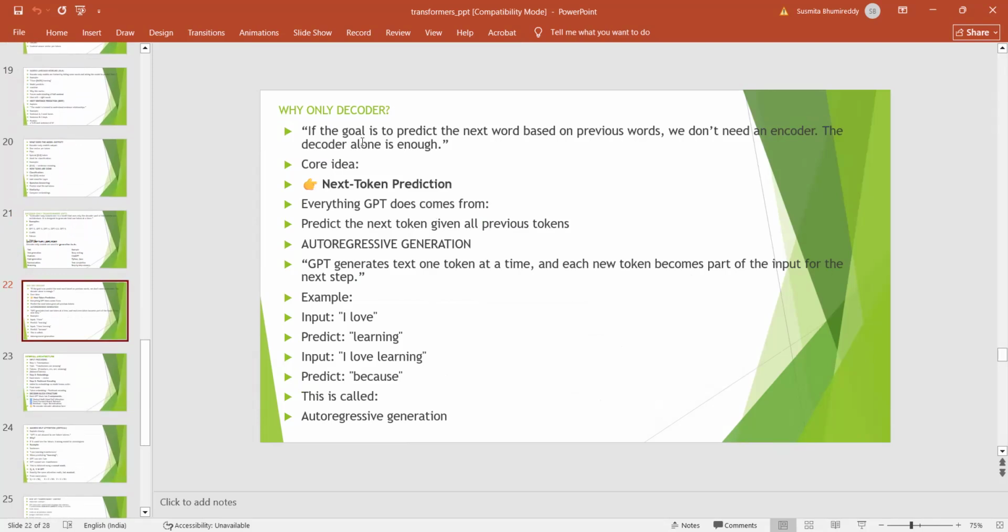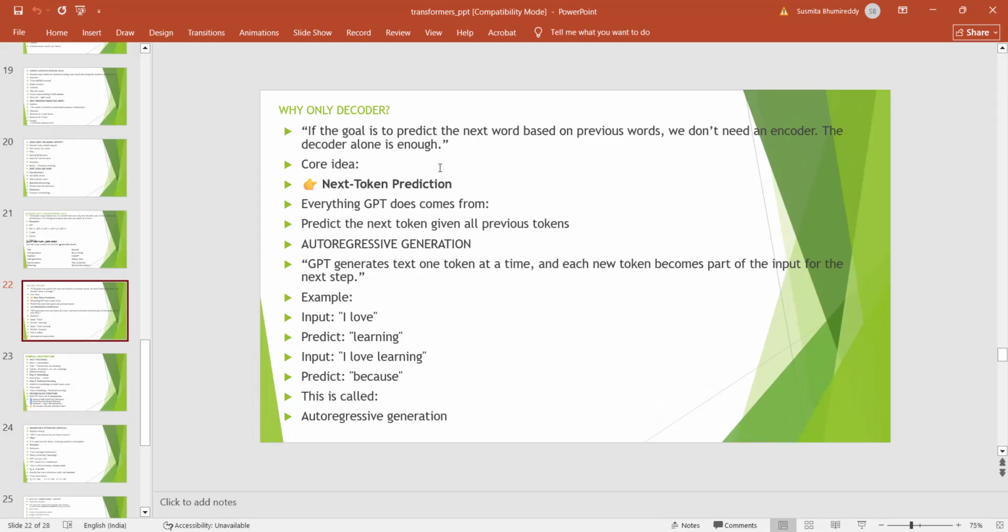If the goal is to predict the next word based on the previous words, we don't need an encoder. The decoder alone is enough. The main goal of the decoder: if I want to predict the next word in a sentence, we need to take the previous words.